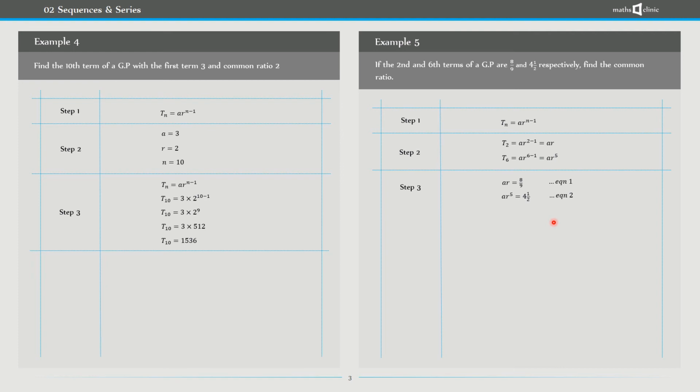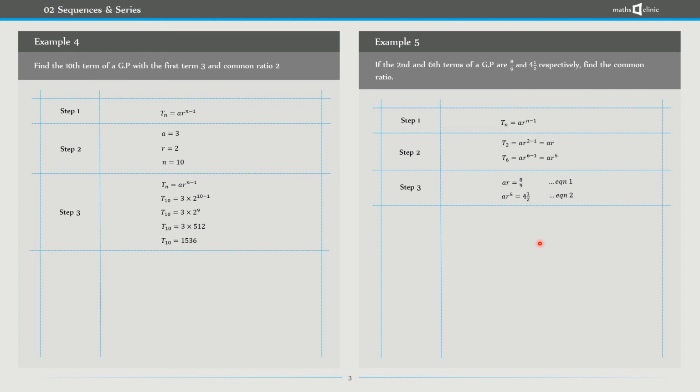Similarly to the question on arithmetic progressions, we're going to solve this using the elimination method, but not quite in the same manner, because instead of subtracting like we did before, we're going to divide.